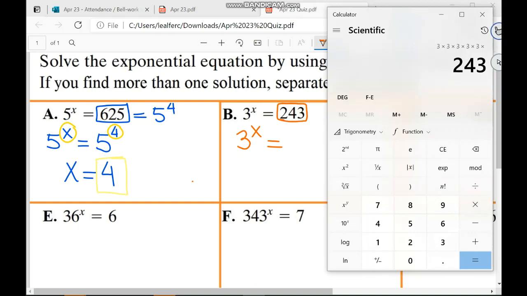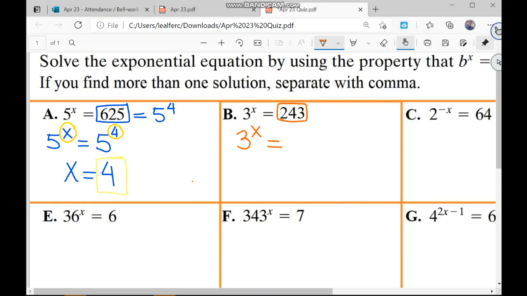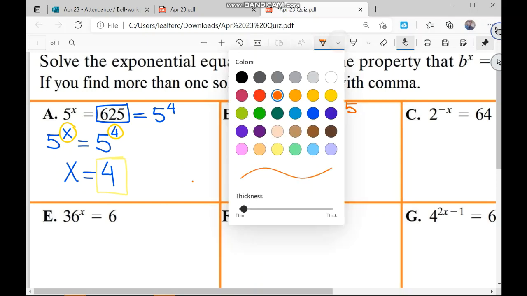How many 3's do we have? 1, 2, 3, 4, 5. So 5 3's. That means 243 is 3 exponent 5. So 3 exponent x equals 3 exponent 5. x equals 5. Okay?